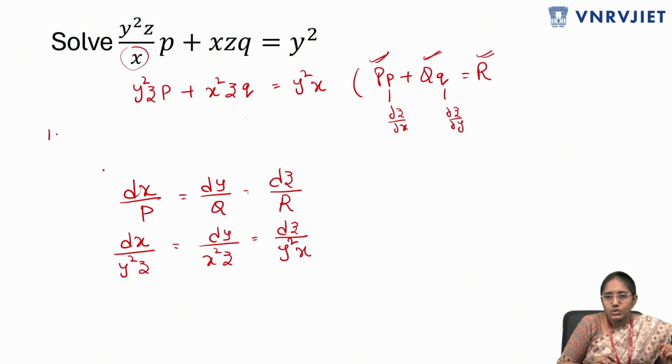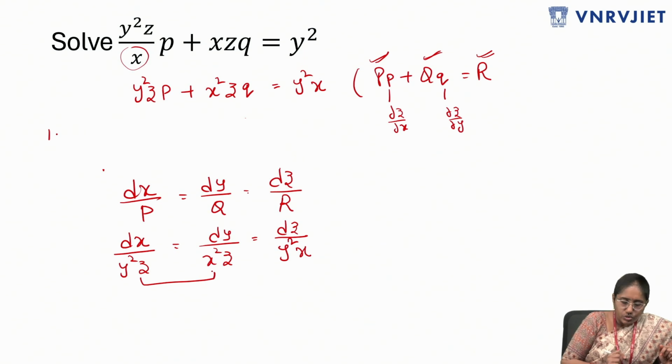Our task is to find the two solutions, one as u = a and the other one as v = b. To find those, we can either solve any two of the fractions, or use the method of multipliers. Here first we need to check whether the fraction method is possible or not.